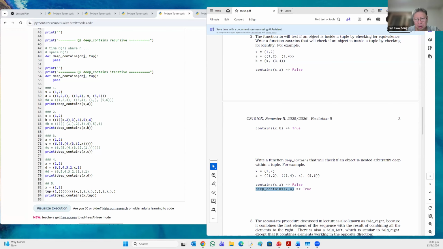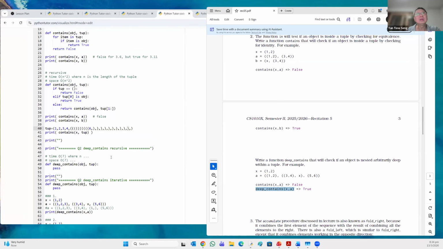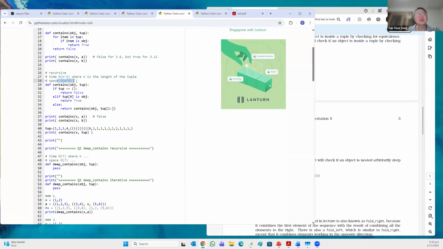Wait, sorry, so it contains recursive n or n squared space? Yes, n squared space. Okay, so most of you are okay, except for one who missed out the checking of the type.